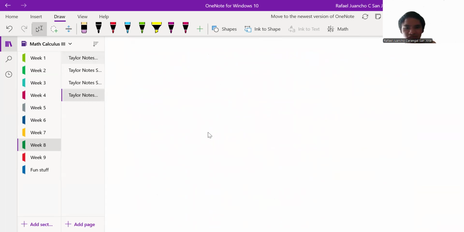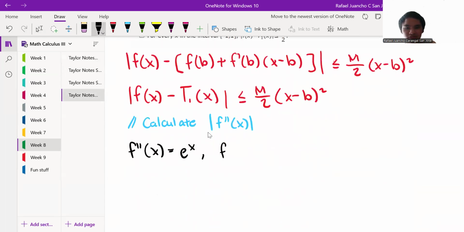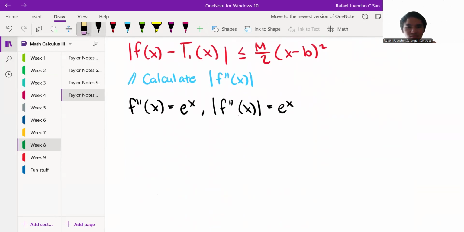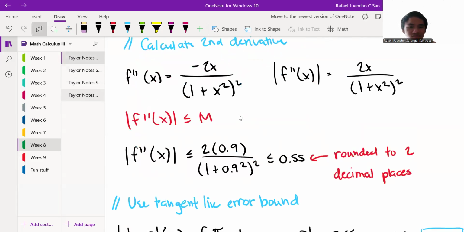And then if we were to take its absolute value, well, again, it should be the same thing, right? And then if we were to get its, it should be less than or equal to m.